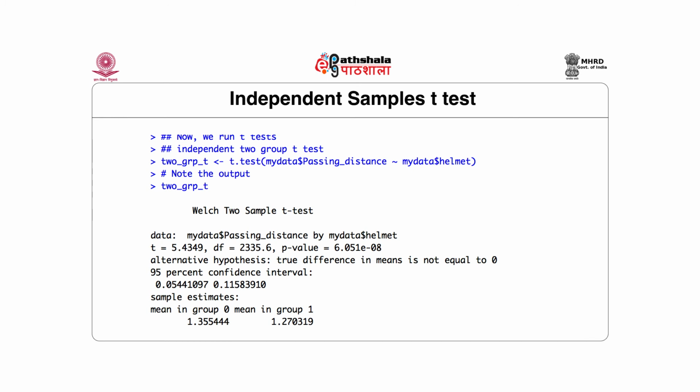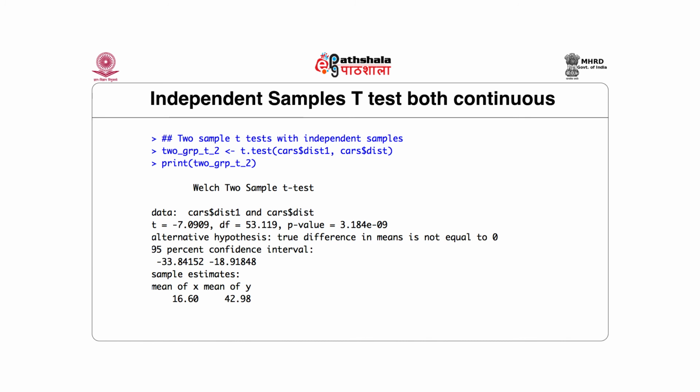We'll do one more thing, and this time we're going to have two variables that are kind of independent samples that we will test. Okay, and this is quite interesting. So we next show you two independent samples, but this time we are using the cars dataset.